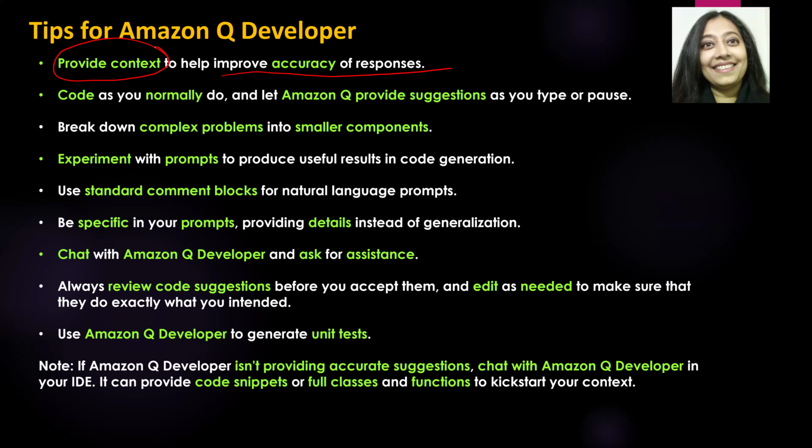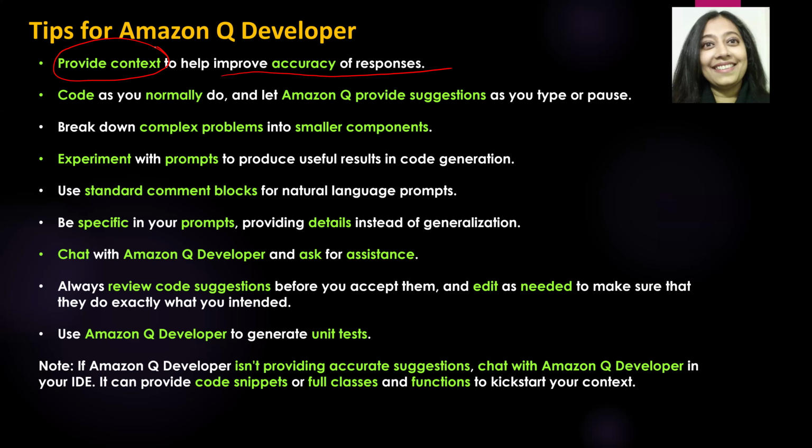So don't just jump straight to, okay, hey, I need you to do this for me. Say that, okay, I'm trying to build, let's say, a calculator. And for that, I need you to write a class that does addition, multiplication, division, subtraction, maybe sine, cosine, whatever the case may be.